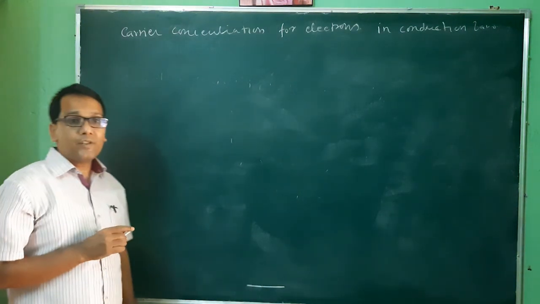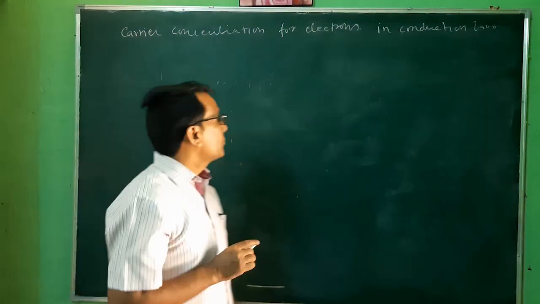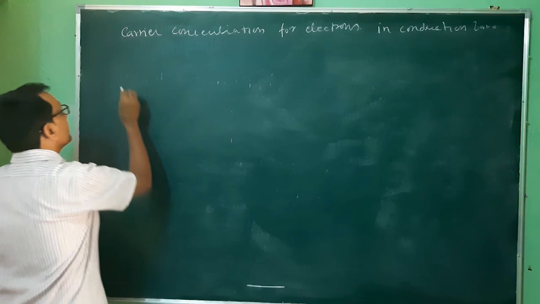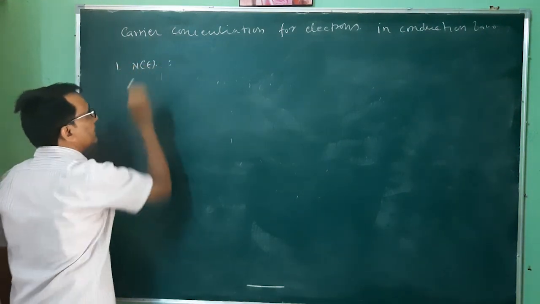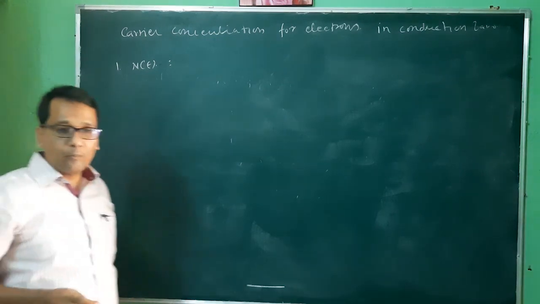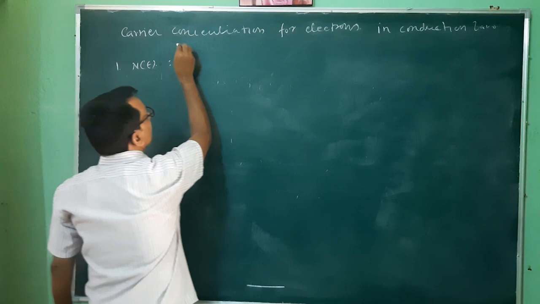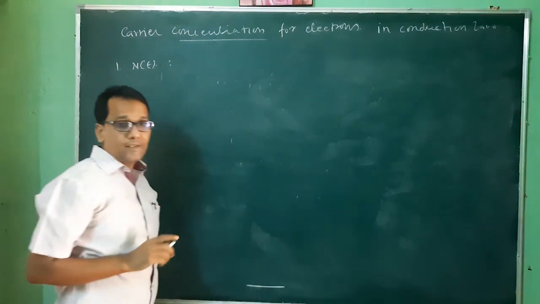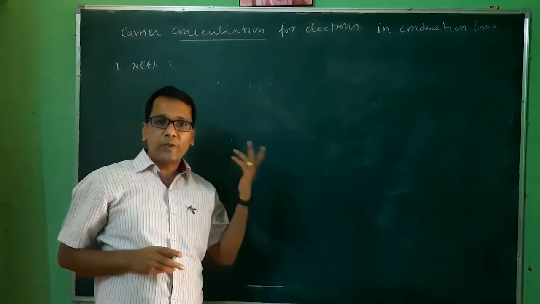Before this derivation, we should know some terms which I am going to use here. The first one is N(E). Obviously N is the number, and here we are talking about the carrier concentration or carrier density, so we talk about numbers per unit volume.